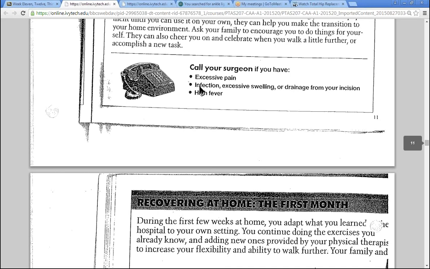Okay, so there are some emergency things that are provided for the patients as well. Anything about excess pain. Again, pain should just be getting better over time, not worse. Because their arthritic pain is gone because they've removed that portion of the joint, they shouldn't have excess pain, which means that something's swelling, something's infected. Anything that's feverish means that there's an infection.